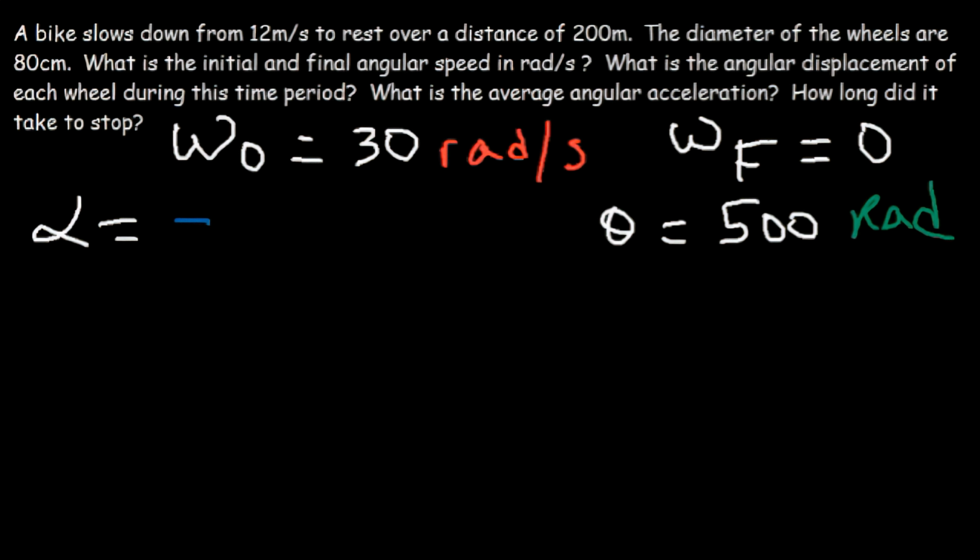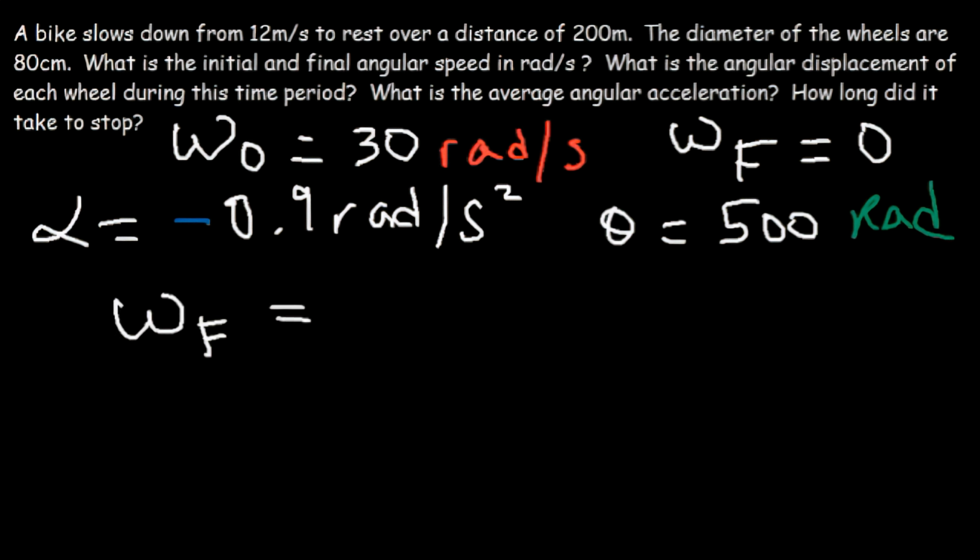So let's put this information here. Now the next thing that we need to do is find the time it takes for the bike to come to a complete stop. So the equation that we can use to find the time is this one. There's plenty of other equations that you can use, but personally I think this is the easiest.